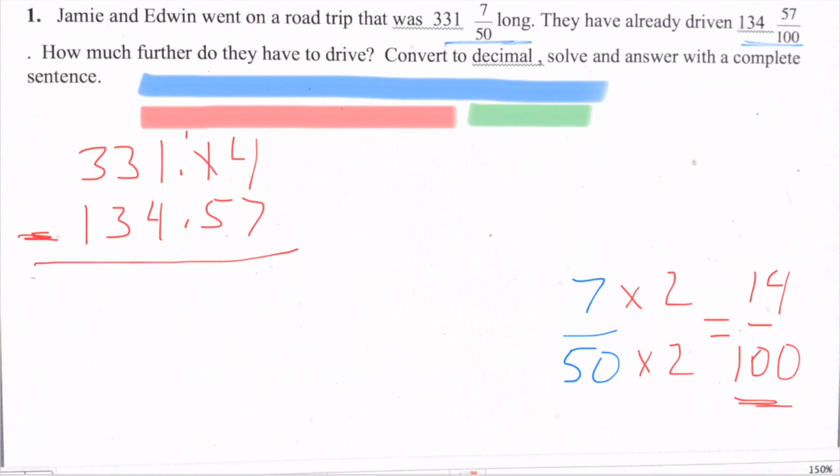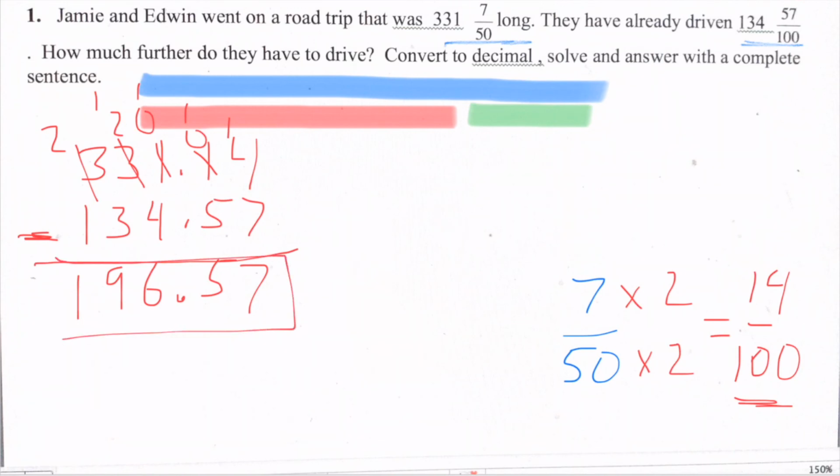Don't forget your decimal, borrow again. Well, lots of borrowing in this one. So you end up with 196 57 hundredths.